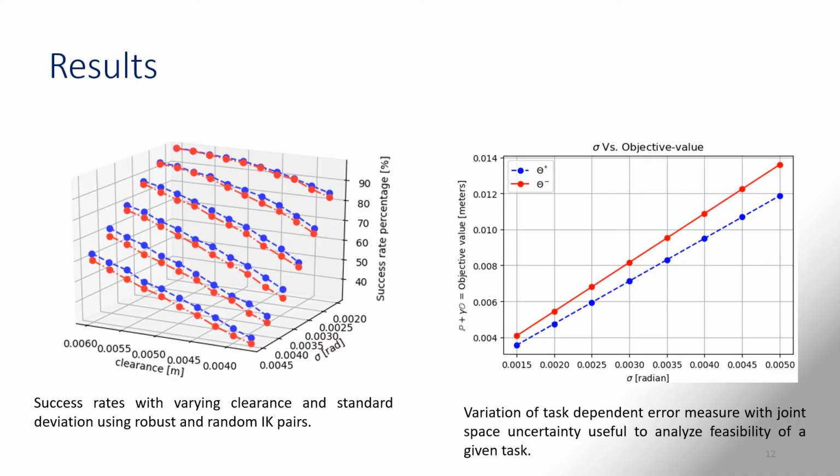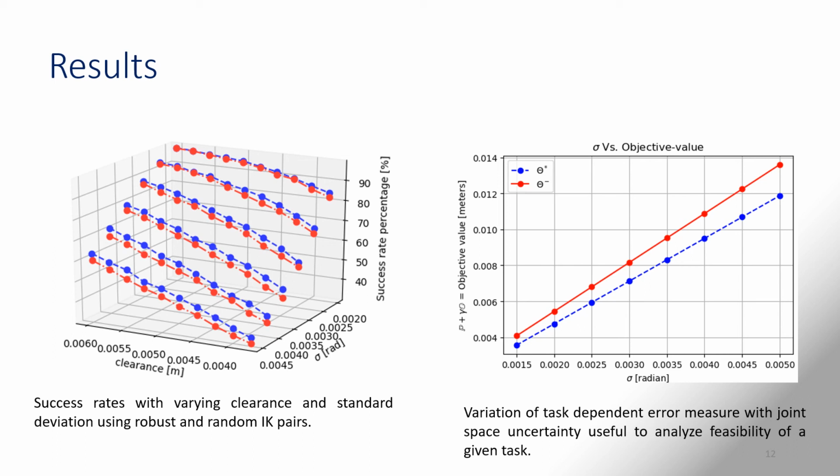The figure on the left shows the success rates in performing the assembly task with a robust IK pair as compared to the randomly picked IK pair, with varying clearance value between peg and hole and the standard deviation of the joint space error sigma. The blue and red plots correspond to the robust IK pair and random IK pair respectively.